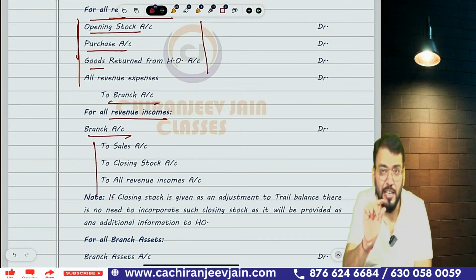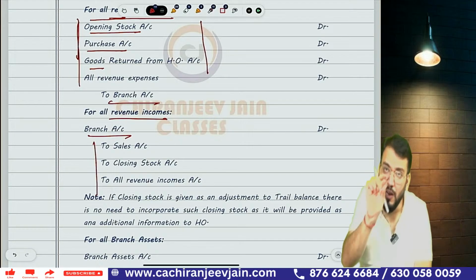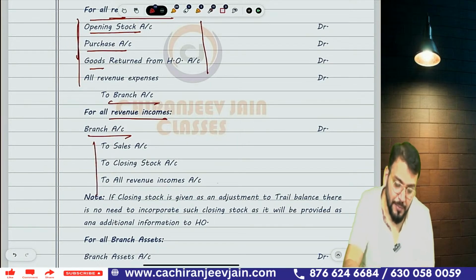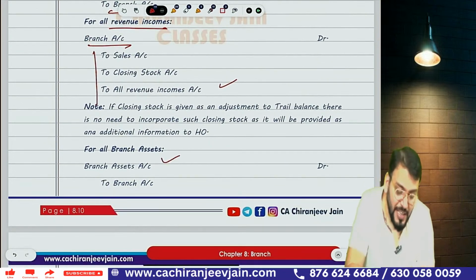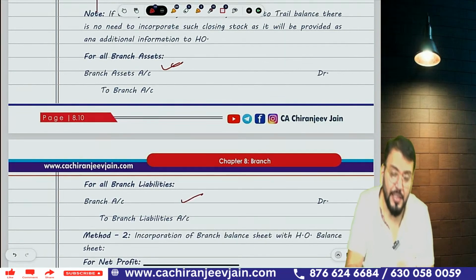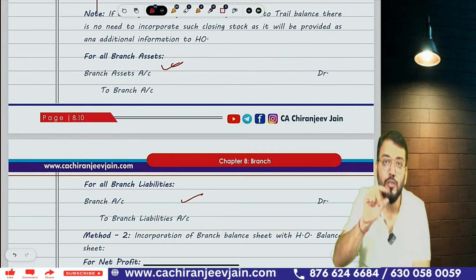Correct. So the simple incorporation journal entry is: for all expenses, expense account debit to branch; for all income, branch account debit to income. Then for all branch assets, branch asset account debit to branch, and for all branch liabilities, branch account debit to branch liability.